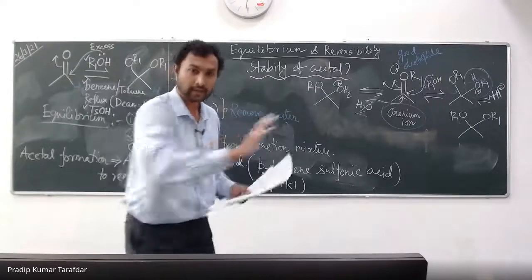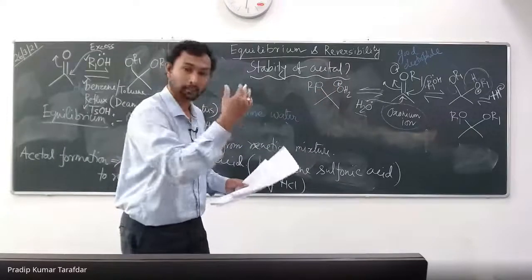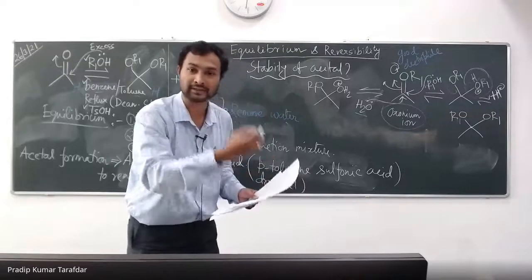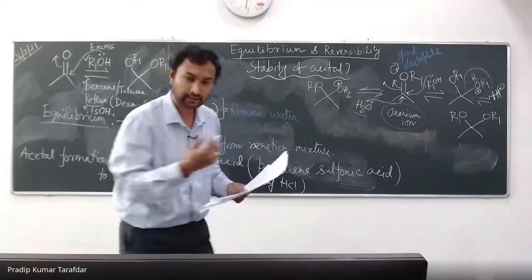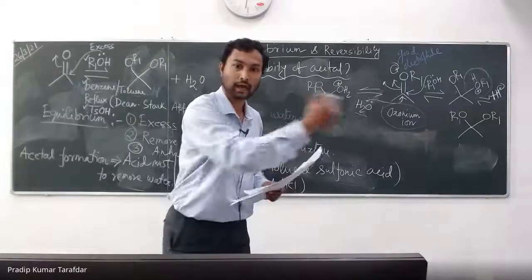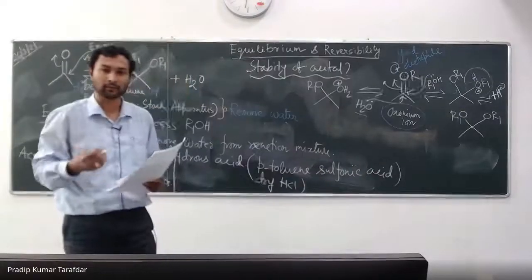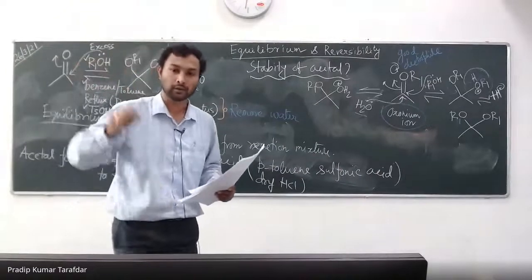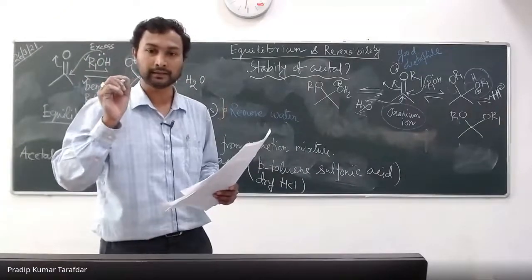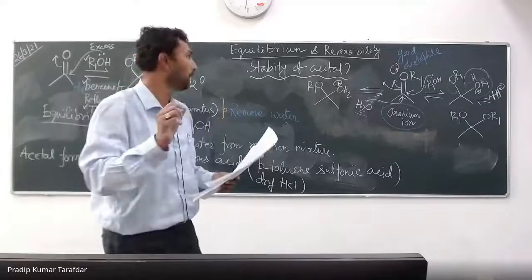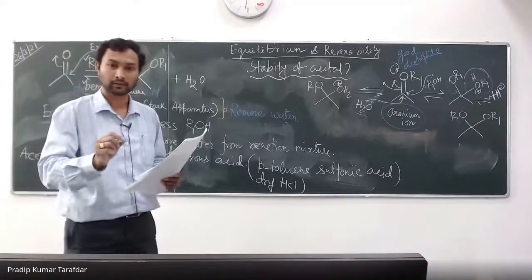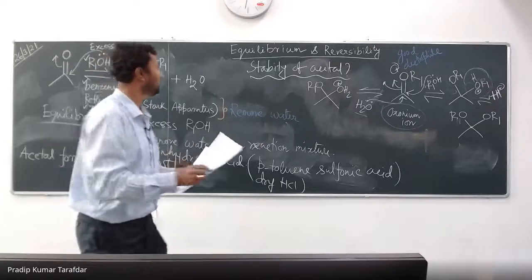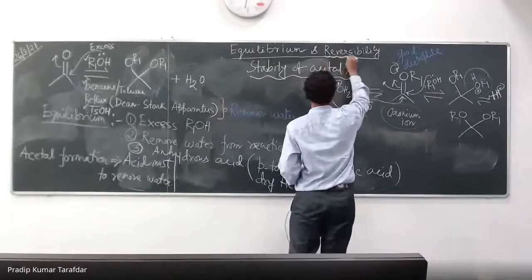If the forward reaction is reversible, the backward reaction also follows the same mechanism. If the forward reaction goes by a mechanism from starting material to product, then product to starting material also follows the same mechanism. This is the principle of microscopic reversibility. Very important concept. That's why we wrote reversibility.